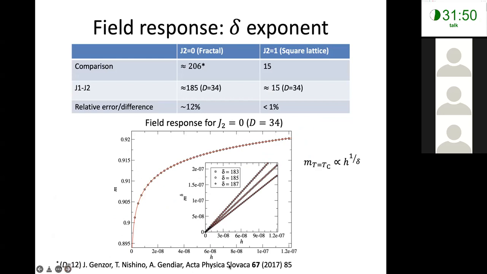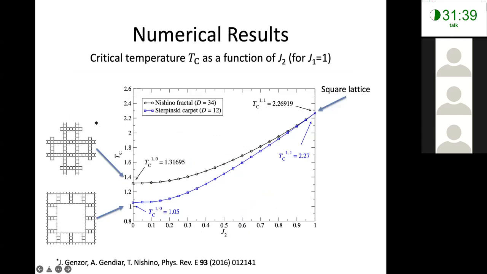There is a reference to a paper in Acta Physica, and good precision for the square lattice case. But what is more interesting, of course, is what's happening in between these two regimes.